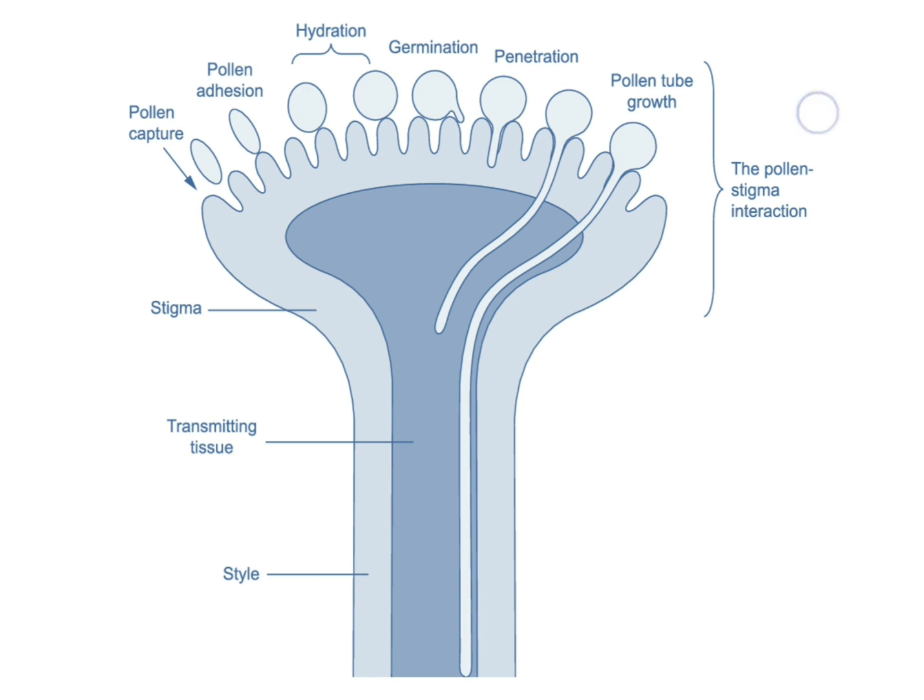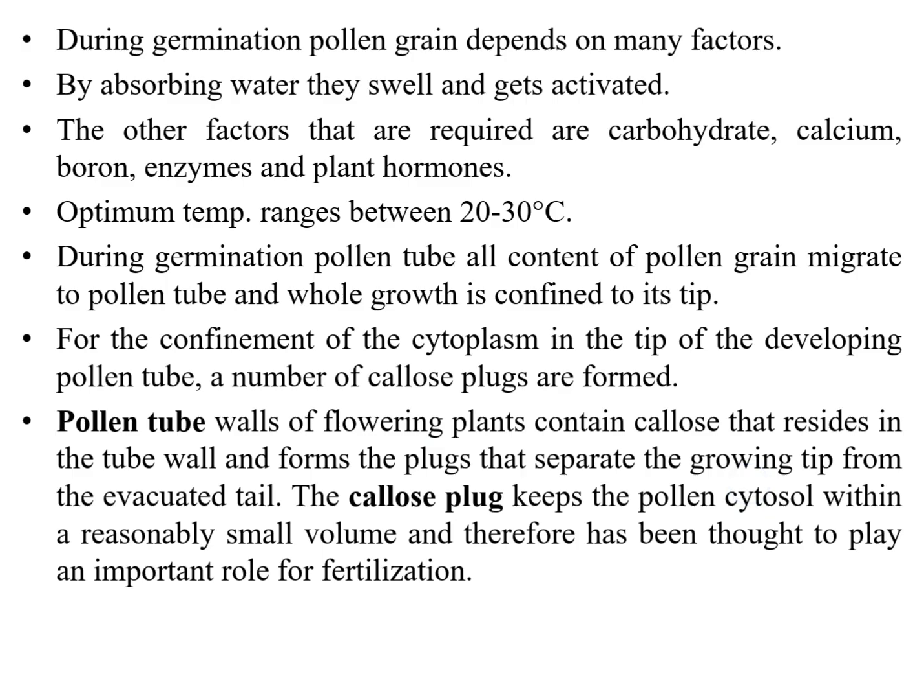Next, the elongation of the pollen tube through the style. During germination, the pollen grain depends on many factors. One is the presence of high calcium ion. Next, by absorbing water they swell and get activated.